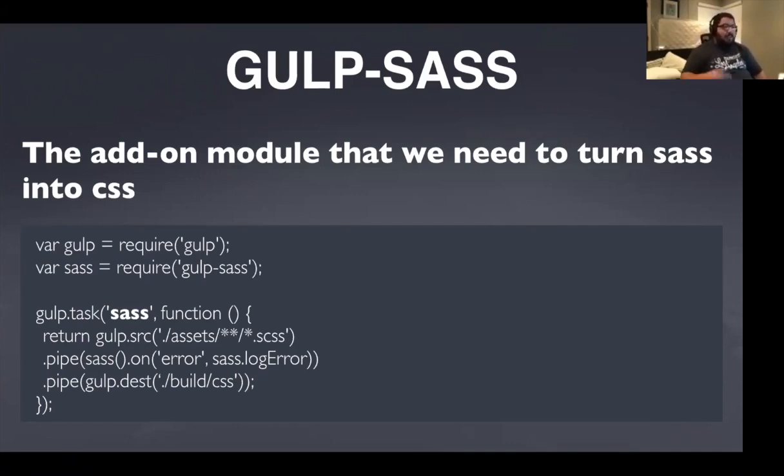In the slide right now, gulp.src technically would grab every SASS or SCSS file from the assets directory. In practice, you want to be a little more specific. You want to put your SCSS files in a SASS directory underneath assets, and ultimately those all build to /build/CSS.